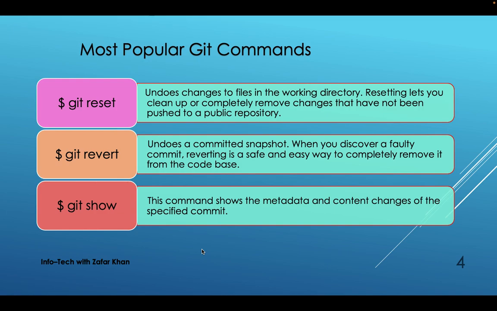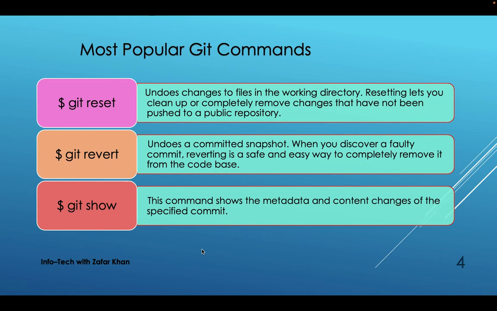The previous commit was ABC, so you just publish it, and it will revert the latest one and bring back the previous one. This is the way for reverts. I will show you how to do that.